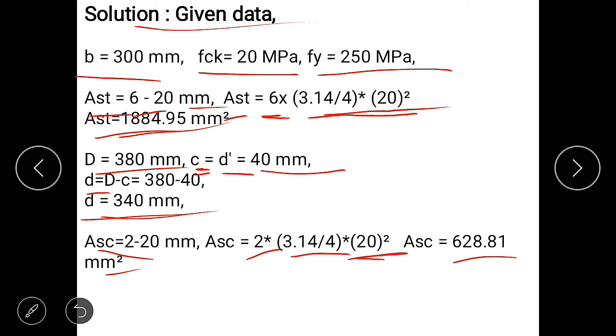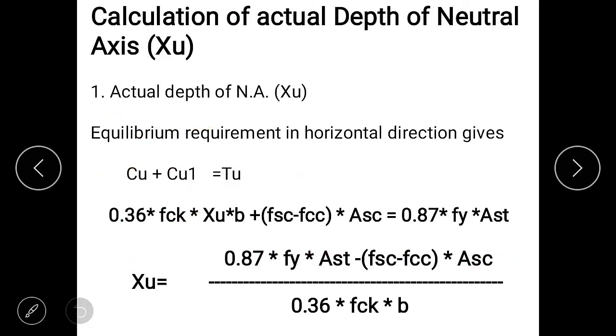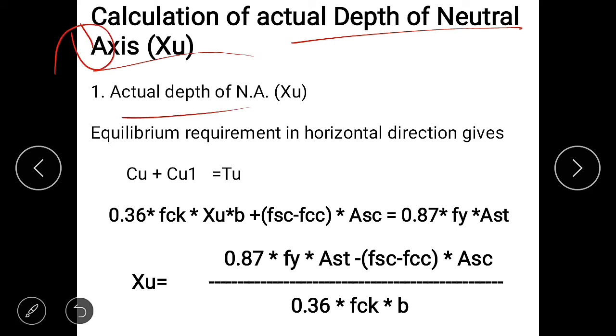Now calculate the actual depth of neutral axis, XU. So the first step here is to calculate XU. We already studied the formula.